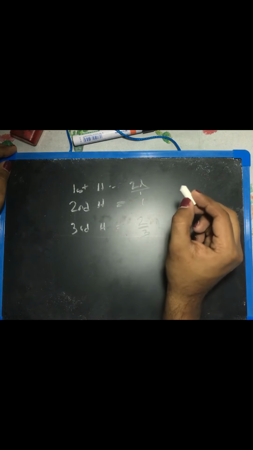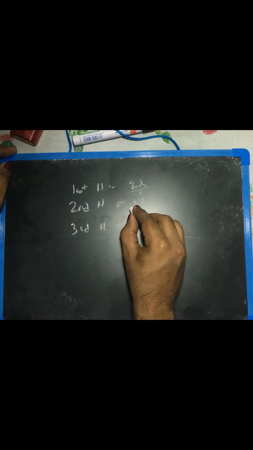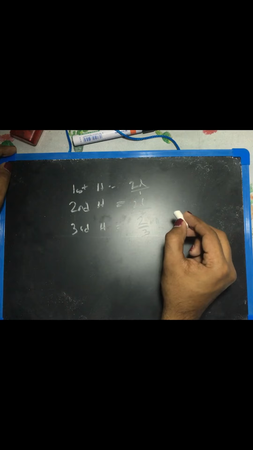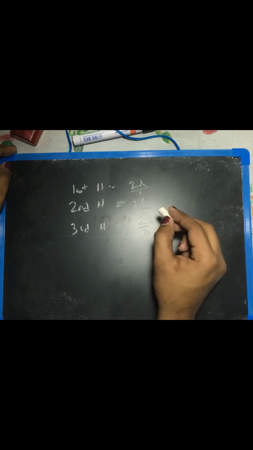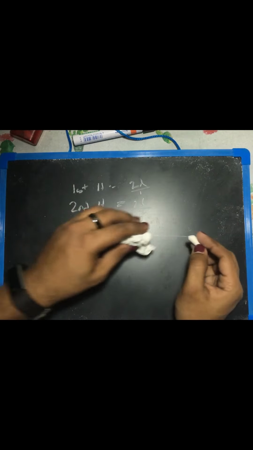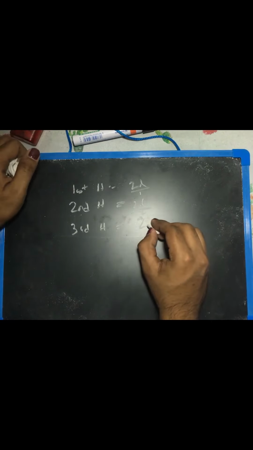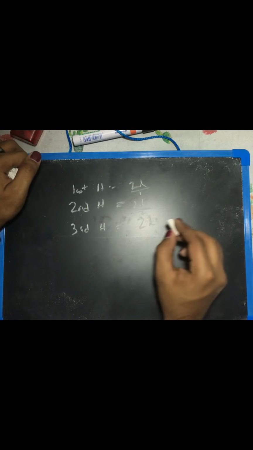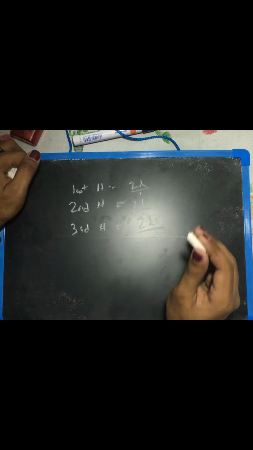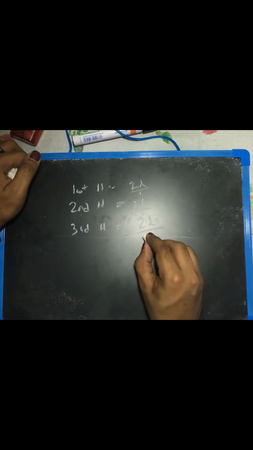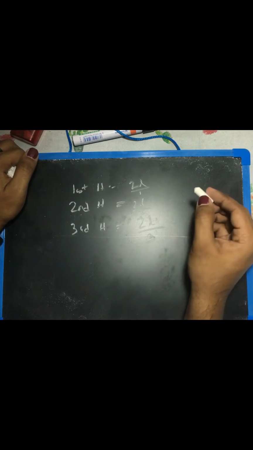There is a 1 here, right? There's actually 2 here, and this is divided by 2 because it's the second harmonic. And the same thing is happening on the third harmonic. So we are actually multiplying the length by 2 and then dividing it by the number of the harmonic. Do you see the pattern here?